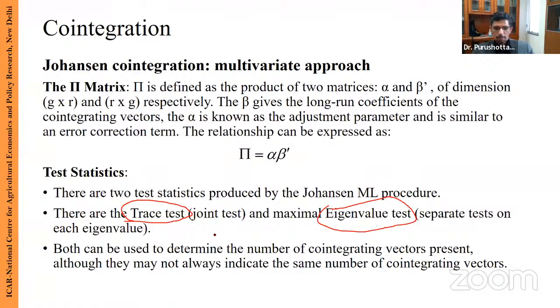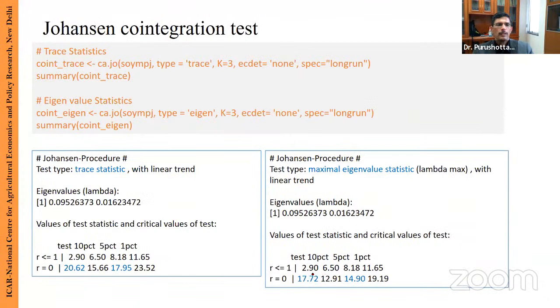Both these can determine the number of cointegrating vectors present, although they may indicate different numbers of cointegrating vectors, which we have to decide on. For that, I have taken again 3 series, Ujjain, Indore, and Dewas, and then tested for this Johansen cointegration.